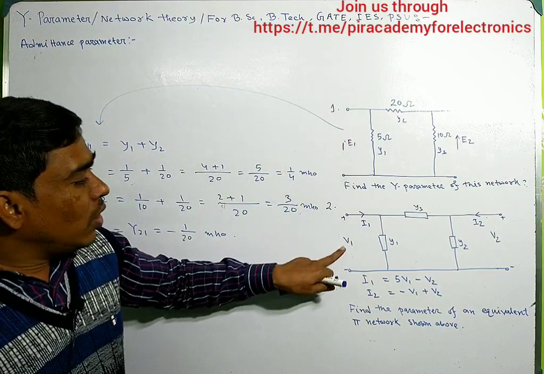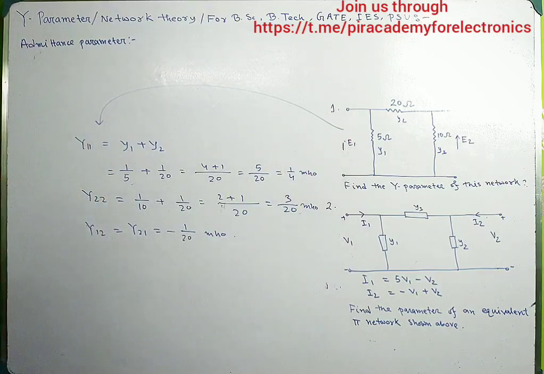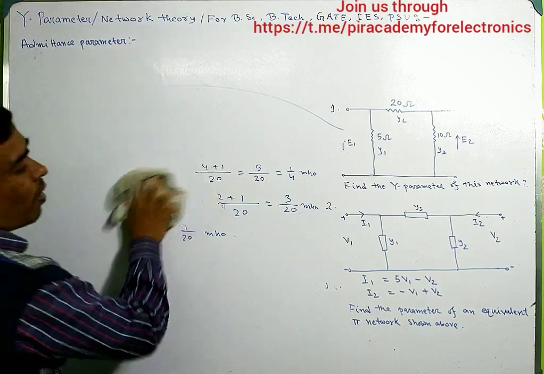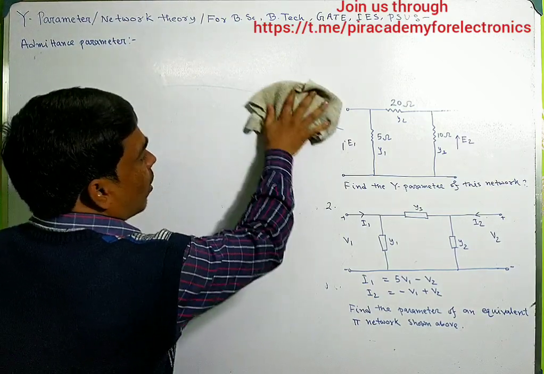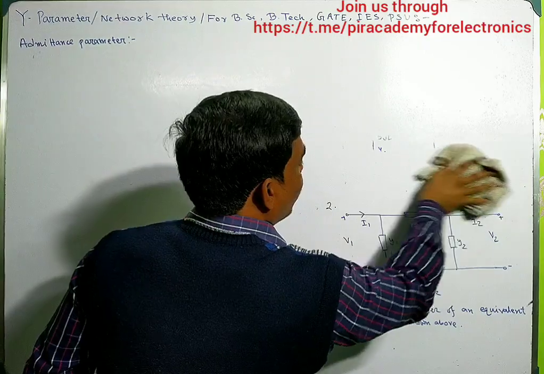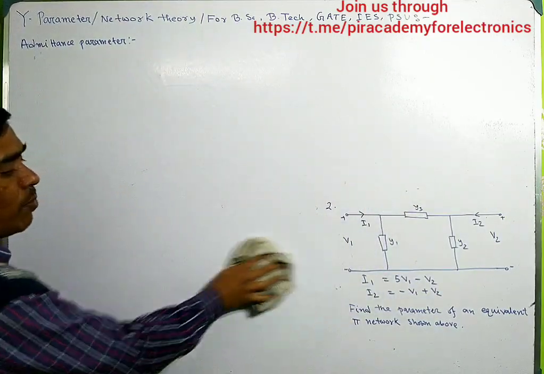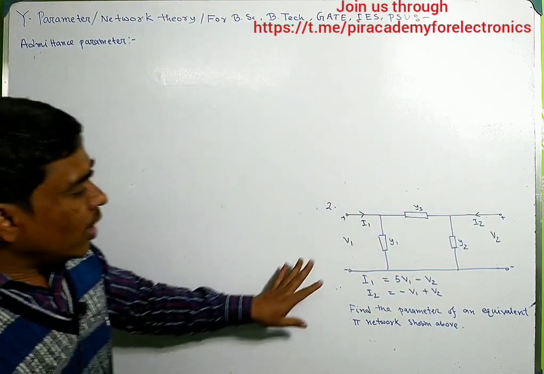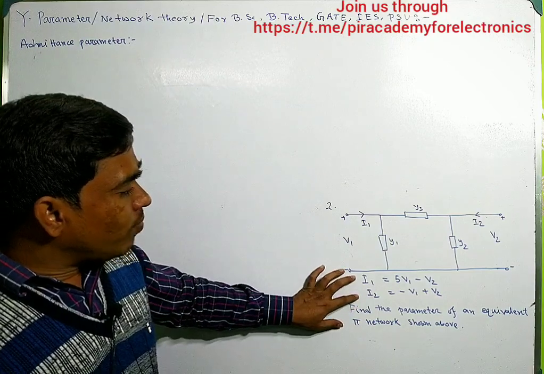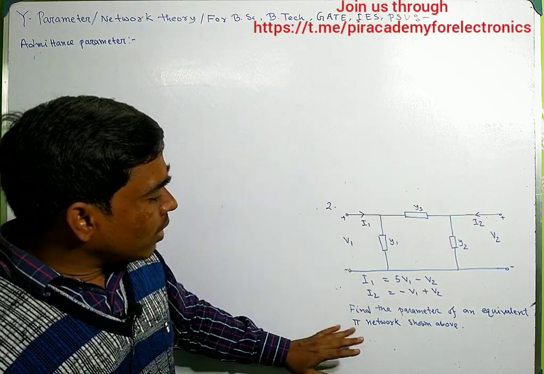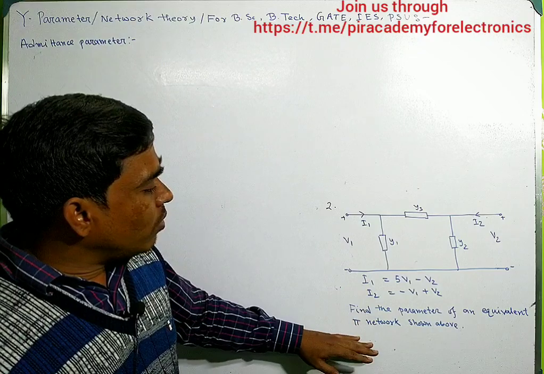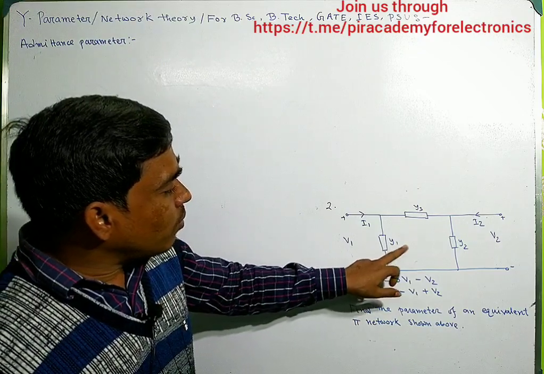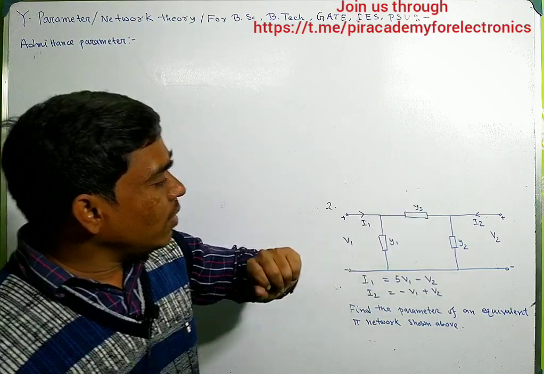Now you have to solve this problem 2. What is problem number 2? Using the formulas of the above network, you have to find out the parameters y1, y2 and y3.